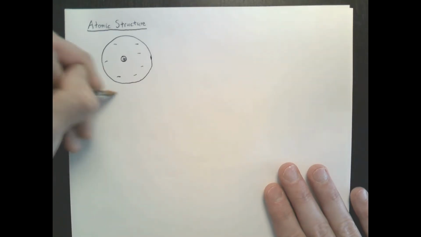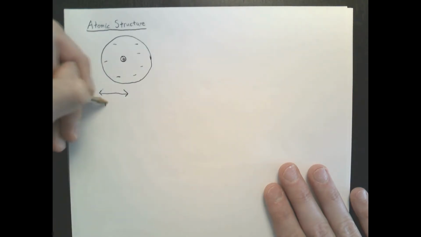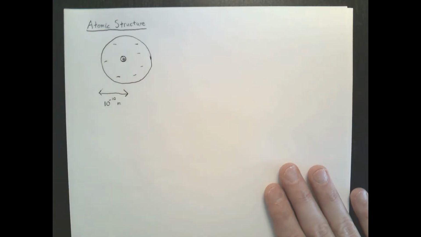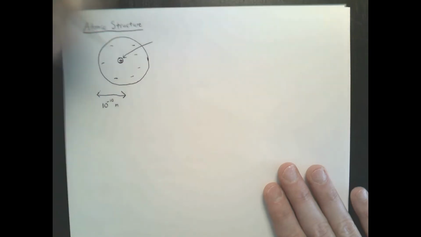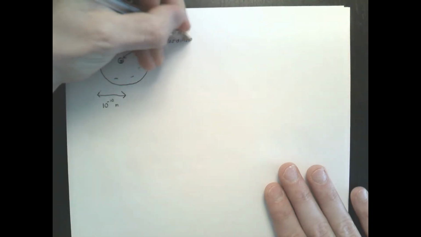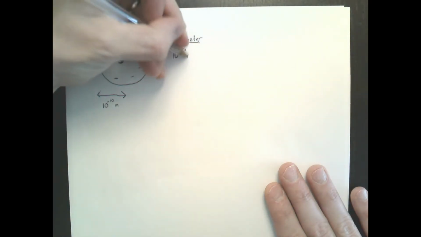We said that the hydrogen atom itself has a radius of about 10 to the minus 10 meters. So even a tenth of a nanometer, really small. The nucleus itself gets much, much smaller than that even. The nuclear diameter for something like hydrogen is about 10 to the minus 15 meters.